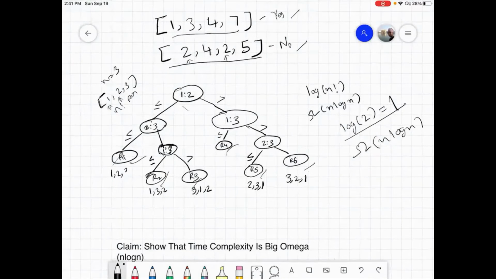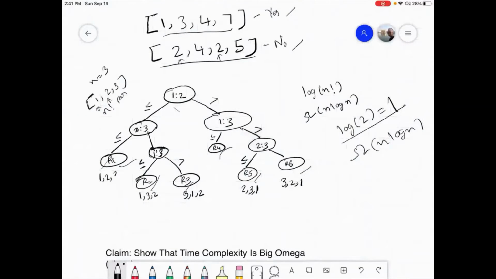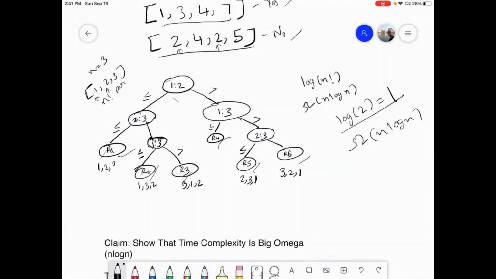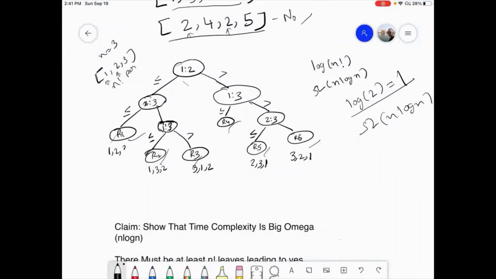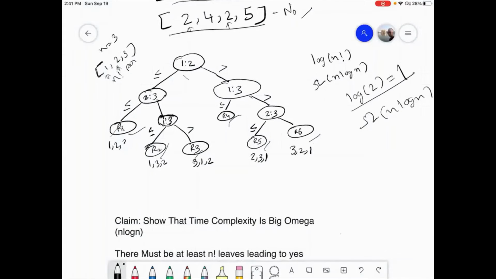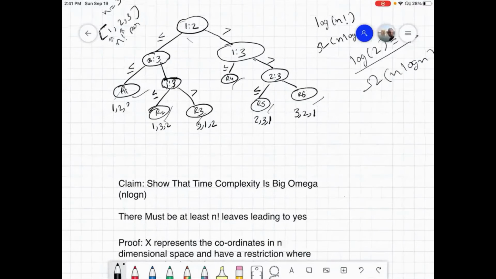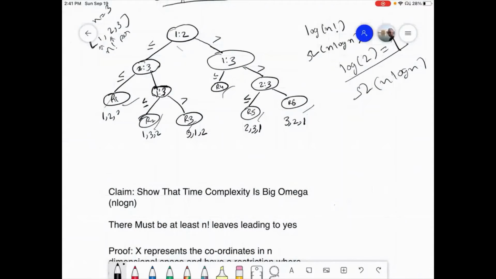In order to prove that the lower bound for the element distinctness problem is omega n log n, we'll assume that there must be n factorial leaves, all leading to yes. Here yes means that the elements in the array are distinct. So this is our claim one, our actual claim.